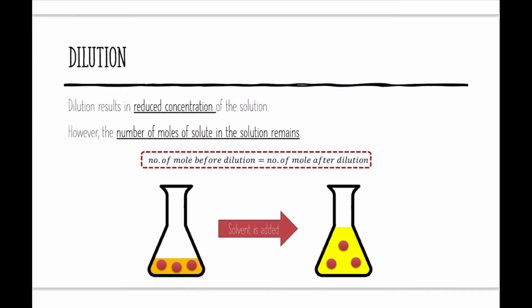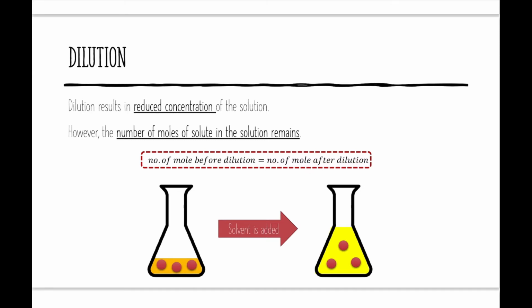Dilution. Dilution results in reduced concentration of the solution. However, the number of moles of solute in the solution remains. Therefore, we can conclude that the number of moles before dilution is equal to the number of moles after the dilution.